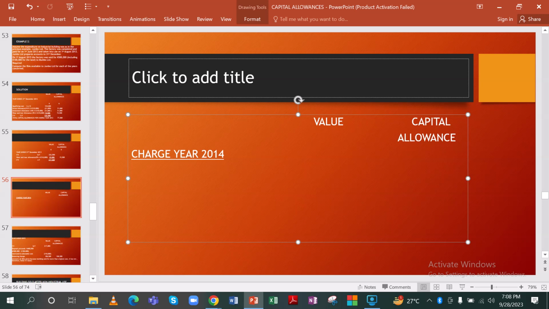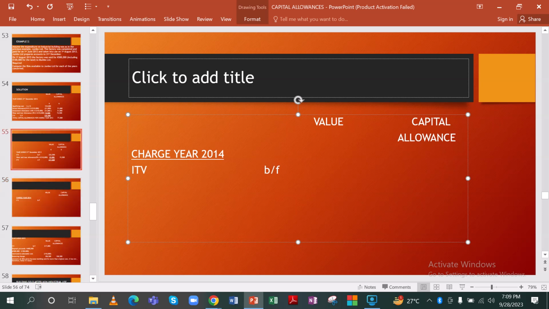We have to bring the income tax value, which is brought forward from 2013.